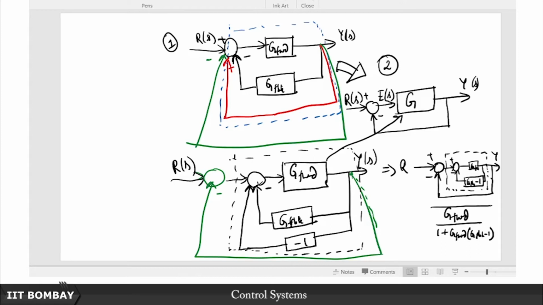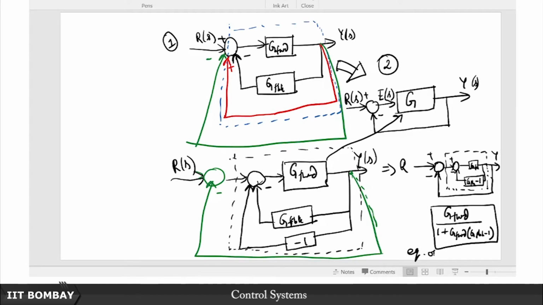I can easily treat this as my equivalent, remember not the actual open loop plant transfer function, but the equivalent open loop. So this is the equivalent open loop TF for unity feedback.